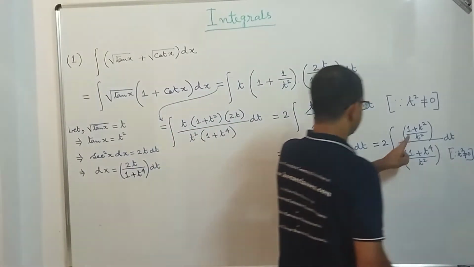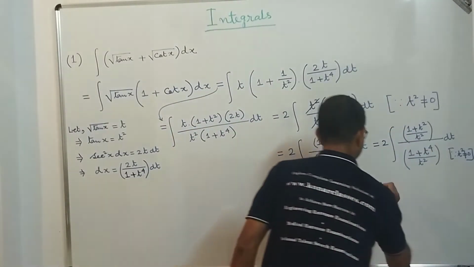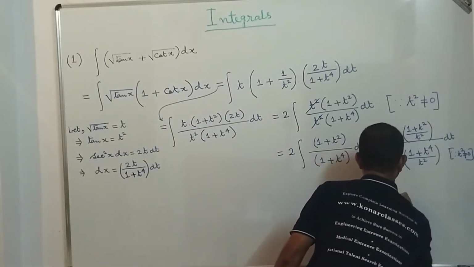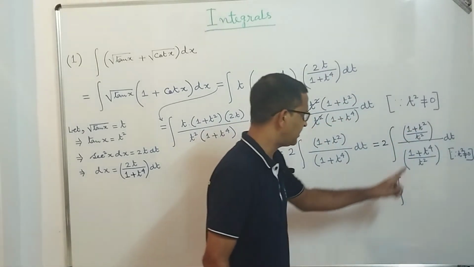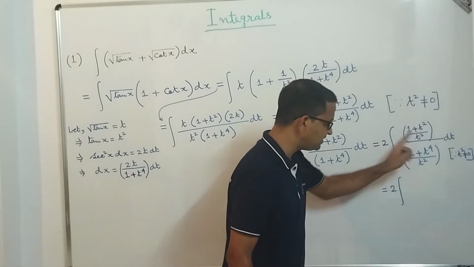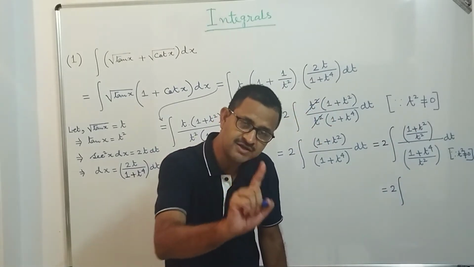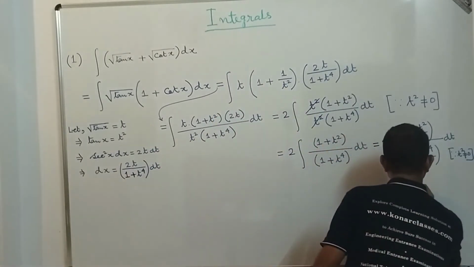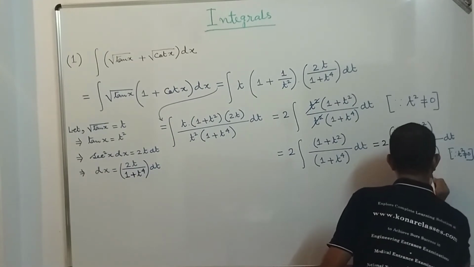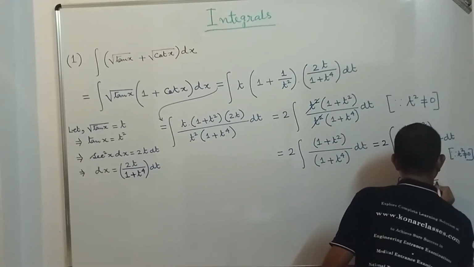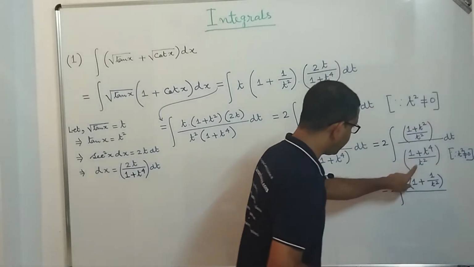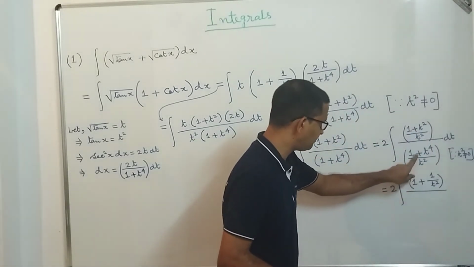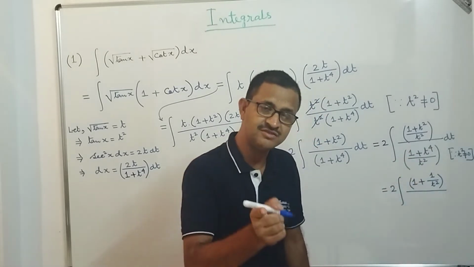Okay, so now what we get from here is that this is equal to 2 into integration, (1 plus t square) by t square, that means 1 by t square plus t square by t square, which is 1. So in the numerator we can write 1 plus 1 by t square, and in the denominator we can write 1 by t square plus t to the power 4 by t square, that is t square.